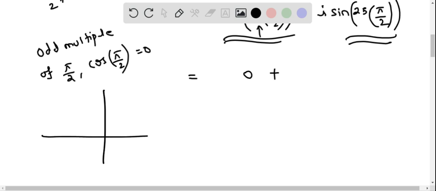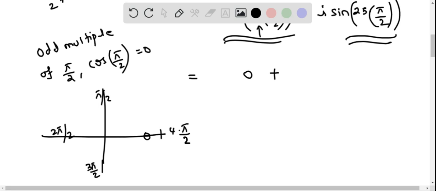For this I'm going to draw this quadrant for reference. So this is our 0 degree, or we can say that this is 0 radians, and this is π/2, or we can say it is 1 times π/2. This is π, or it is 2π/2, and this is 3π/2, and this is 2π, or 4 times π/2.